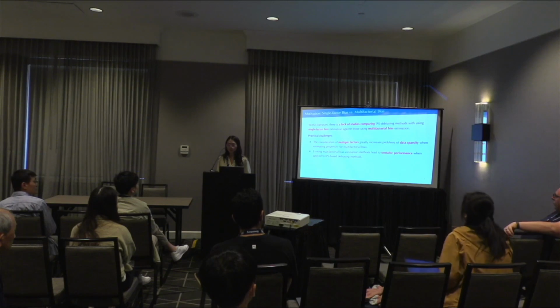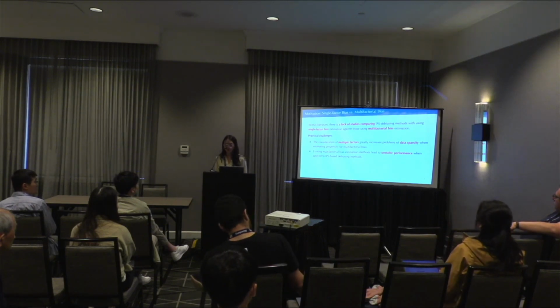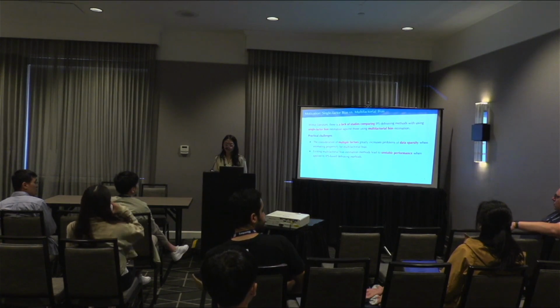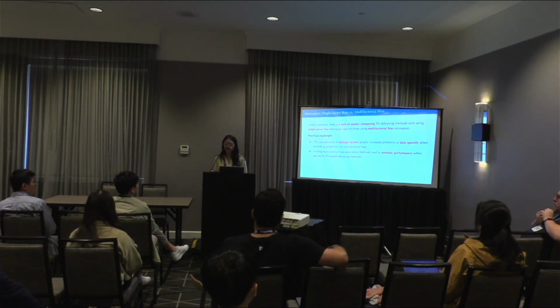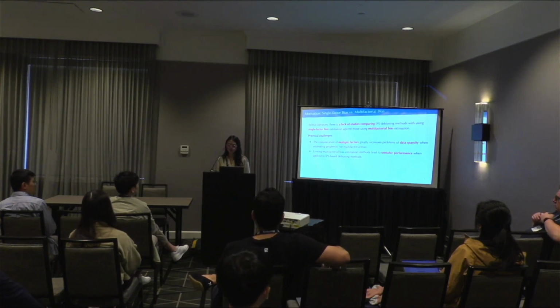First, the consideration of multiple factors greatly increases the problem of data sparsity when estimating propensity, or the observation probability, for multifactorial bias. Second, the existing bias estimation leads to unstable performance when applied to the IPS-based debiasing method. So in this paper, we want to propose a method to correct for multifactorial bias and address these two practical challenges.